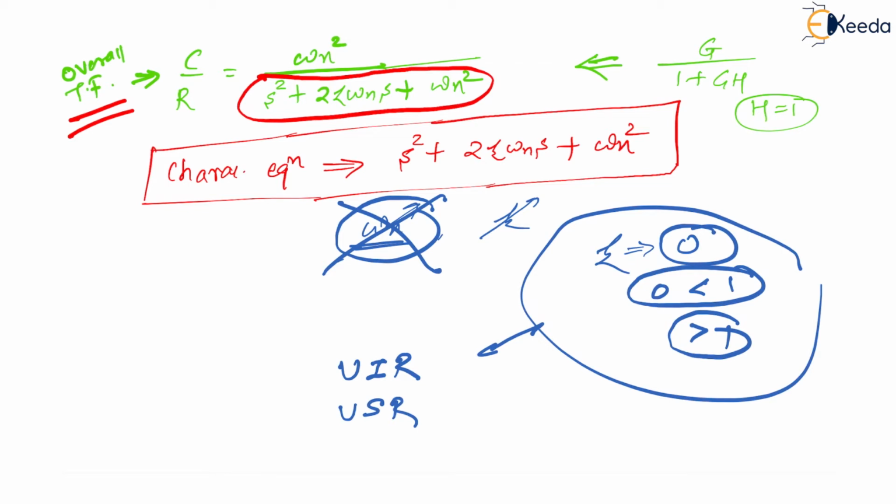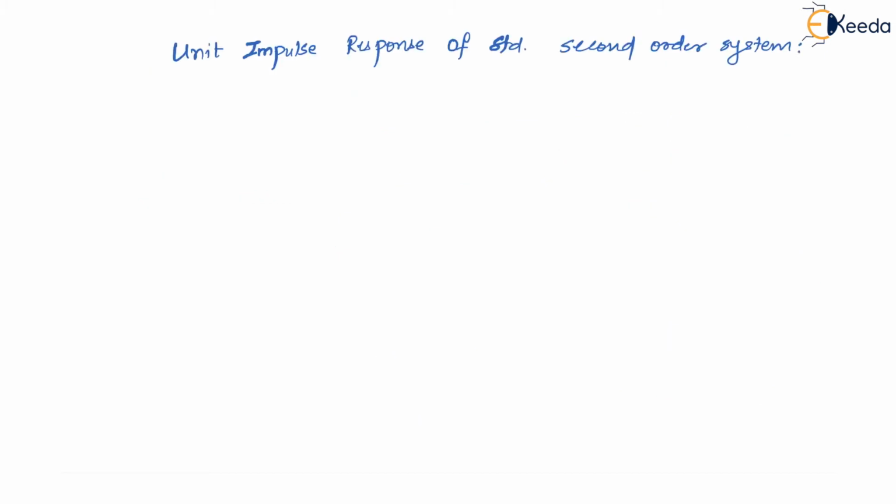Now let us start with the UIR, the unit impulse response of a second order system. The moment I say it is the unit impulse response, it means the input to the system is definitely del of t. Is that correct?